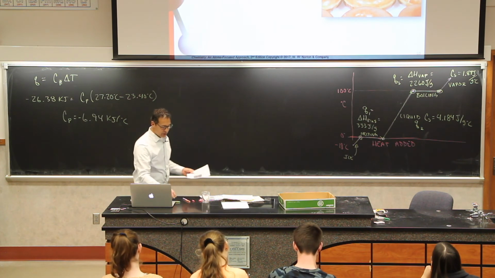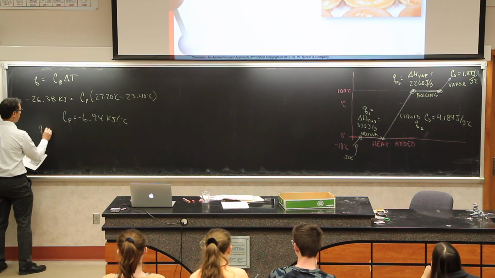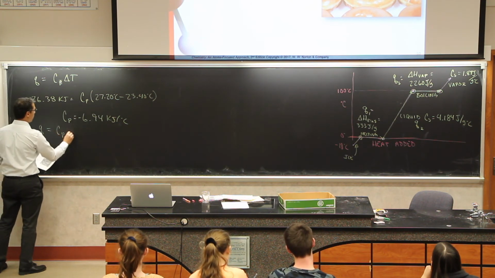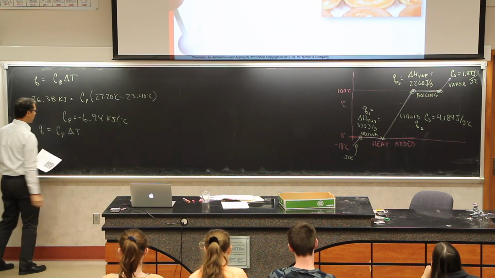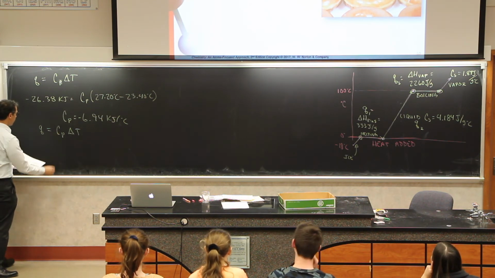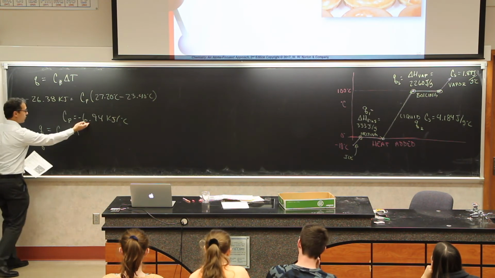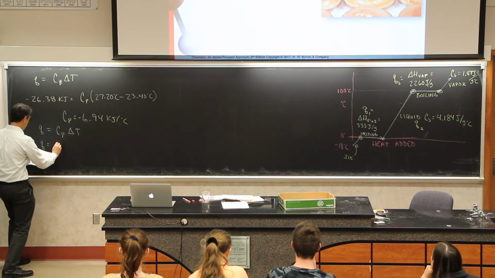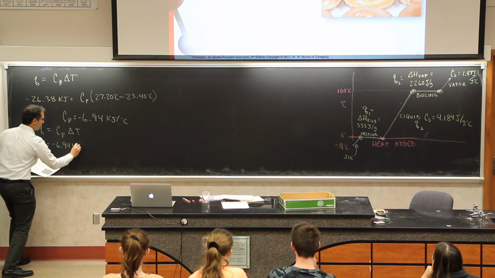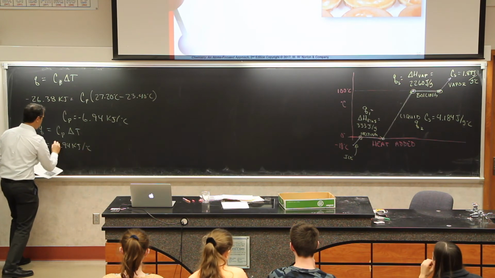And so we have this same equation where our energy is equal to our heat capacity times our change in temperature. We're trying to figure out how much energy there is. So our Q here is equal to our heat capacity, which we just calculated here. That's going to be a negative 6.94 kilojoules per degree Celsius.